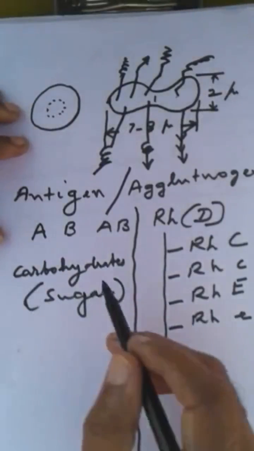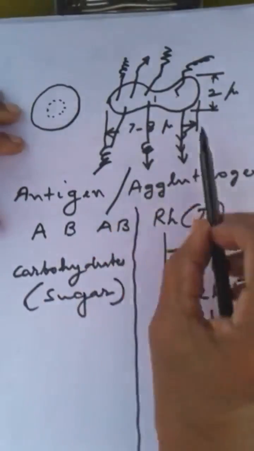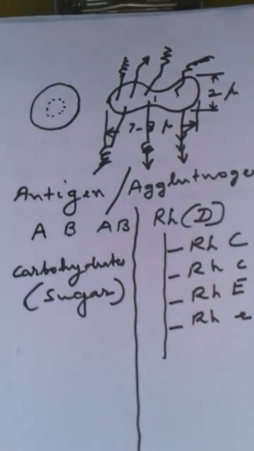ABO system is not only seen in red blood cells, it is seen in other white blood cells, neutrophils, basophils, eosinophils, also in platelets, and you can see this in some other cells of the body also.